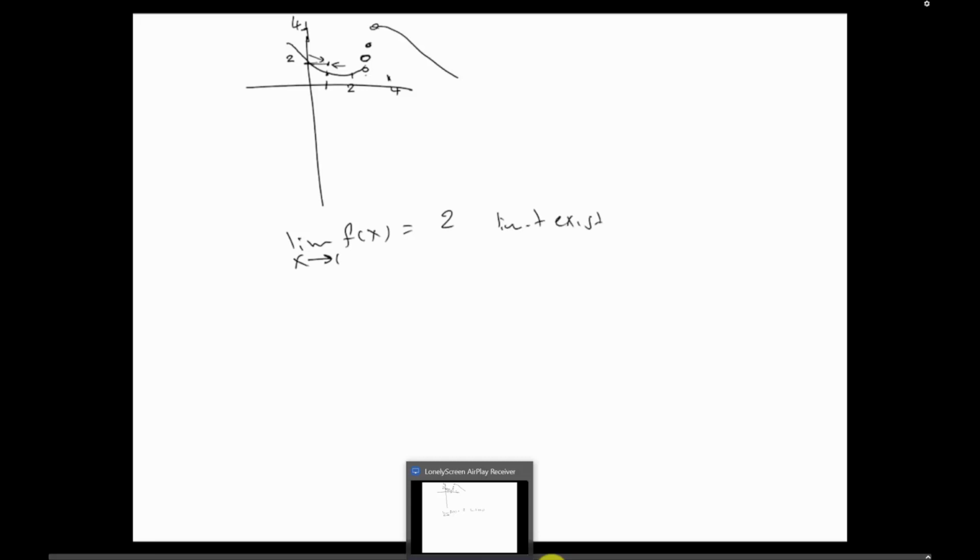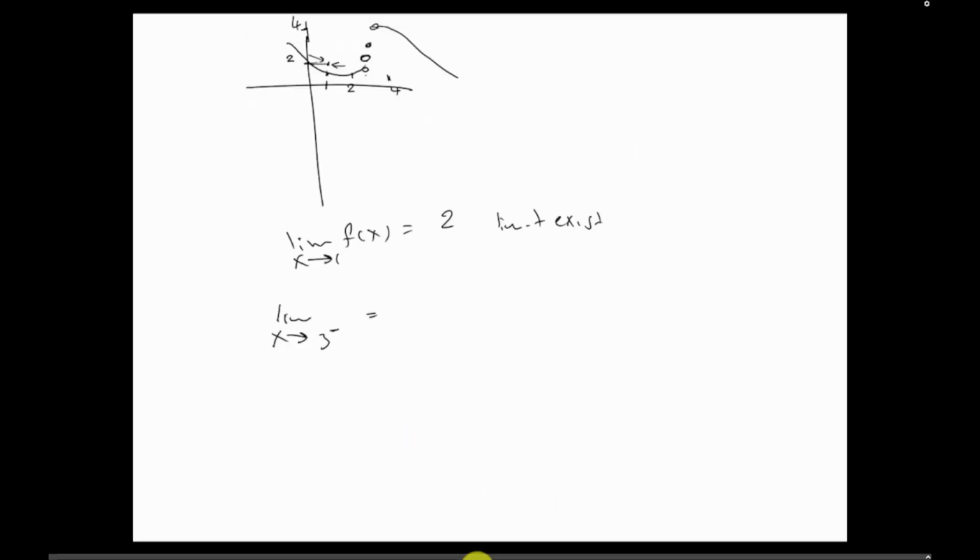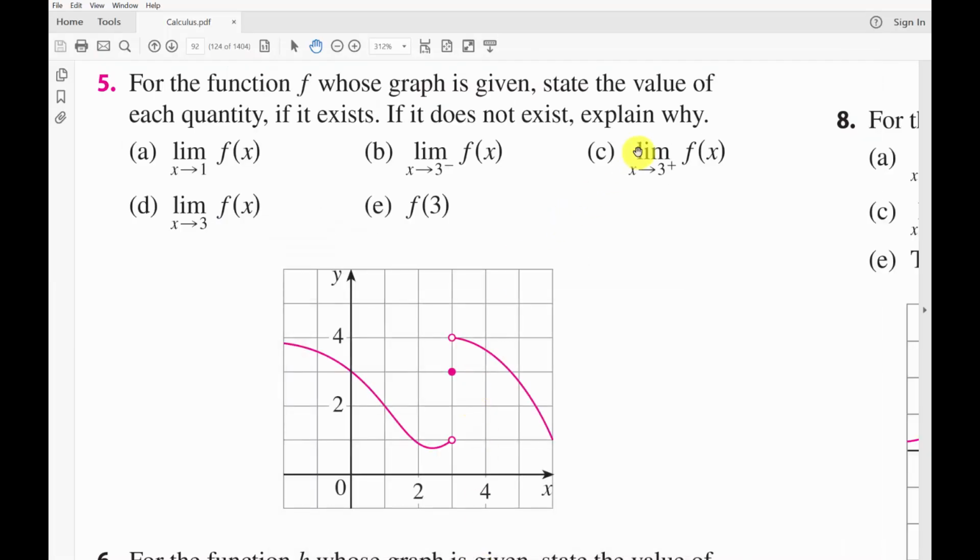And we also have the limit as x approaches 3 from the left side. As we said, if we approach the limit from the left side, we see that it equals 1. And when we approach the limit from the right side, it equals 4.